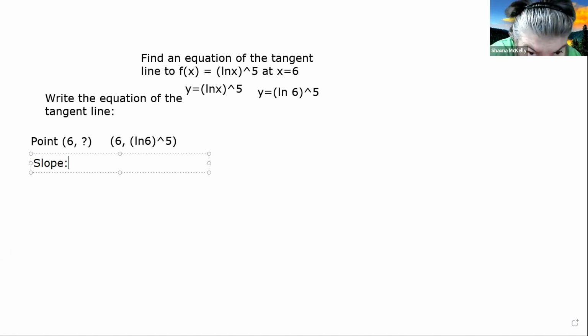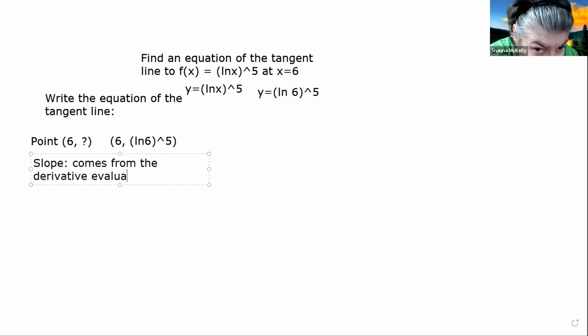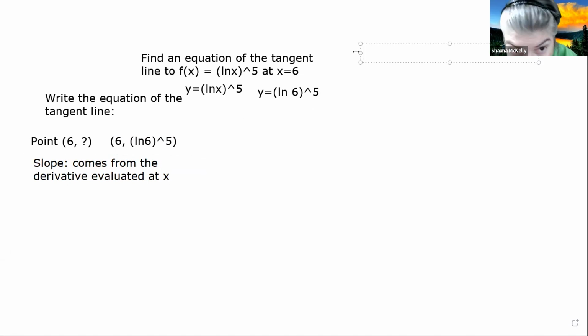Now, the next thing I need is my slope. And we know that the slope comes from the derivative evaluated at x. So we better find our derivative. So let's come over here and let's see.